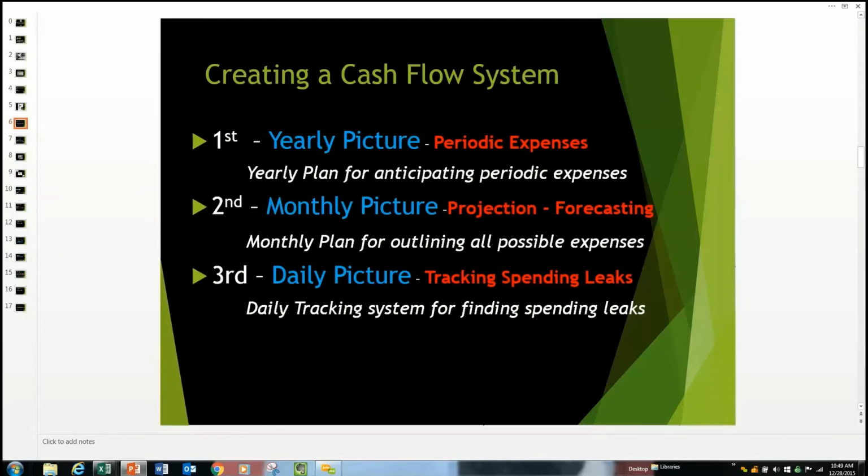So what I started doing many years ago is putting this tracking piece as the third piece and not the first core step. So now let's take a look at the windshield view of a budget, where you start to proactively anticipate and plan ahead.